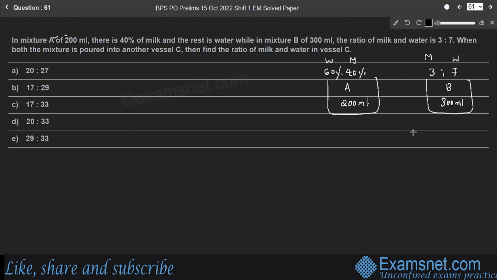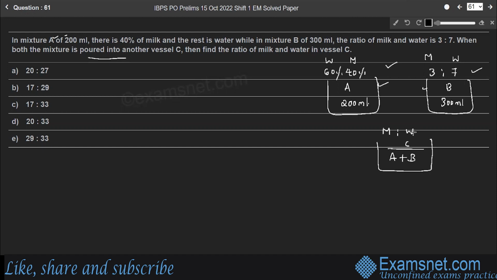When both the mixtures A and B are poured into another vessel C, we have to find the ratio of milk and water in vessel C. Here, in each vessel, A and B, we need to find the quantity of milk and water.